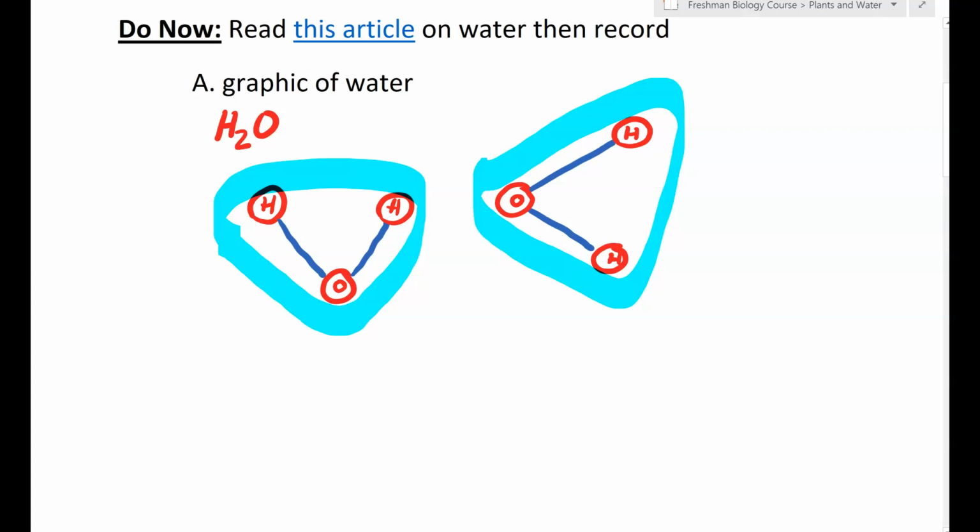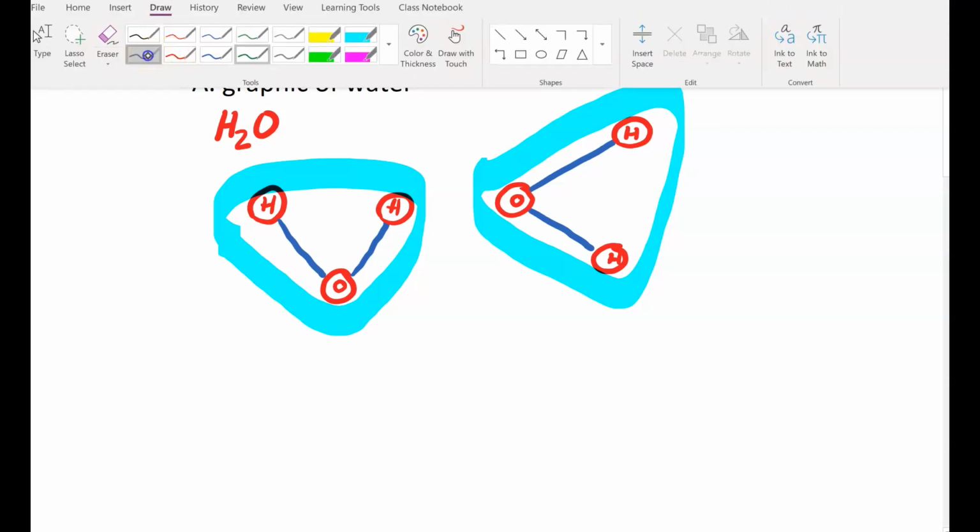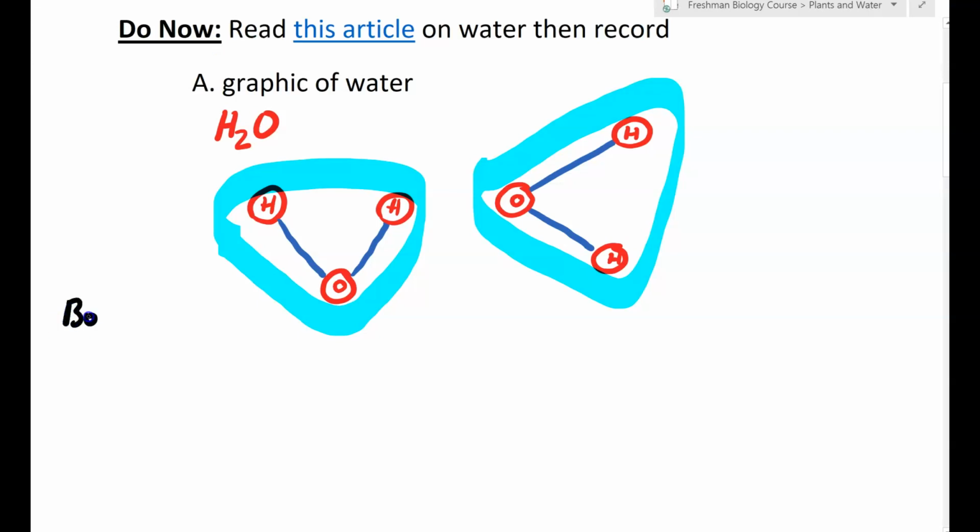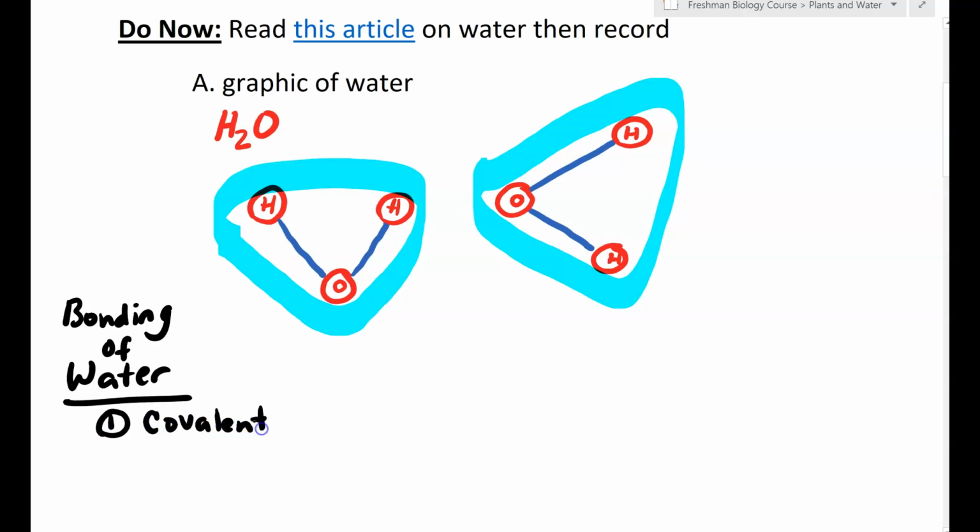So one of the first things we're going to need to understand is the bonding of water. Okay, so we're going to make a note of that, the bonding of water. And there are going to be two types of bonds that we will be focused on. The first type of bond will be a covalent bond.